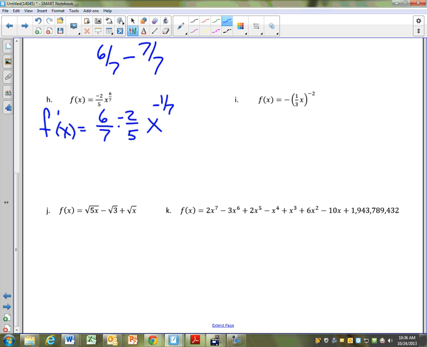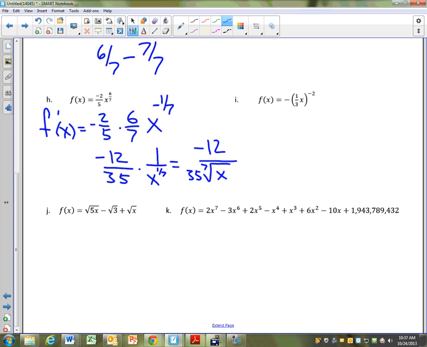And so now we have negative 18 over 30, oh, I'm sorry, negative 12. I'm really off today. Negative 2/5 times 6/7. So that's a negative 12 over 35 times x to the negative 1/7. So that would be 1 over x to the 1/7, or the 7th root of x. So I suppose we could leave this as negative 12 over 35 7th roots of x.